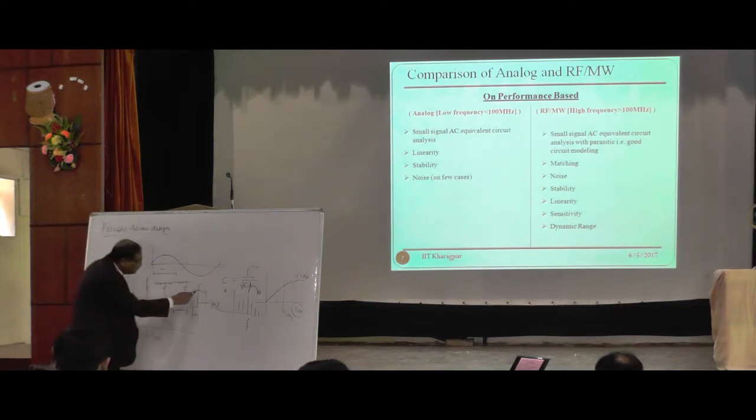So what is the culprit for oscillation? It's C, this is the drain, this is the source, this is the gate. So C_DG. A fraction of the output will come through this capacitance to the input.